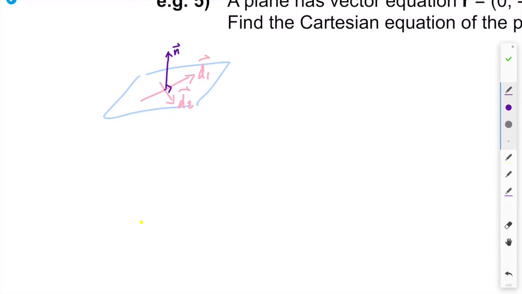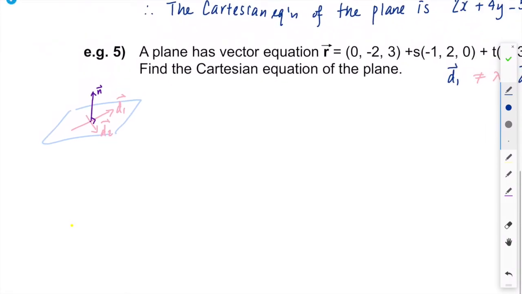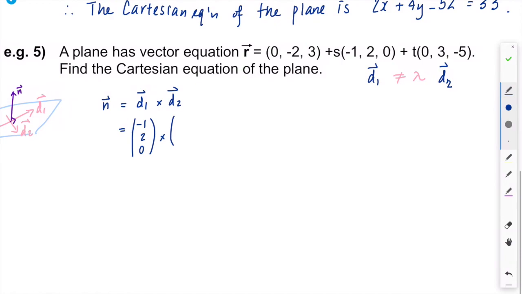Make sense? Okay, so we're going to find the normal by crossing d1, d2. So here we have (-1, 2, 0) cross d2, which is (0, 3, -5). I have a really short bracket here. All right, that's better, right?